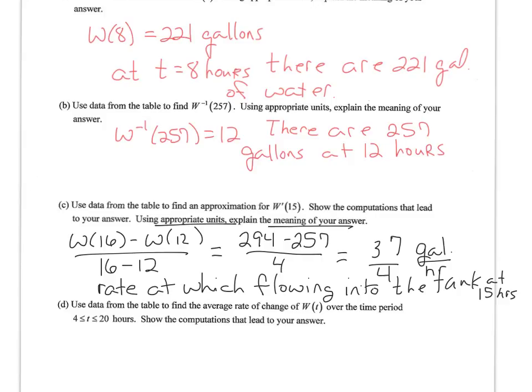Okay, number D says to use data from the table to find the average rate of change of W of T over the time period from 4 to 20 hours and show the computations that lead to your answer. Any ideas? William? Yes, just use the same thing we just did. W of 20 minus W of 4 over 20 minus 4.